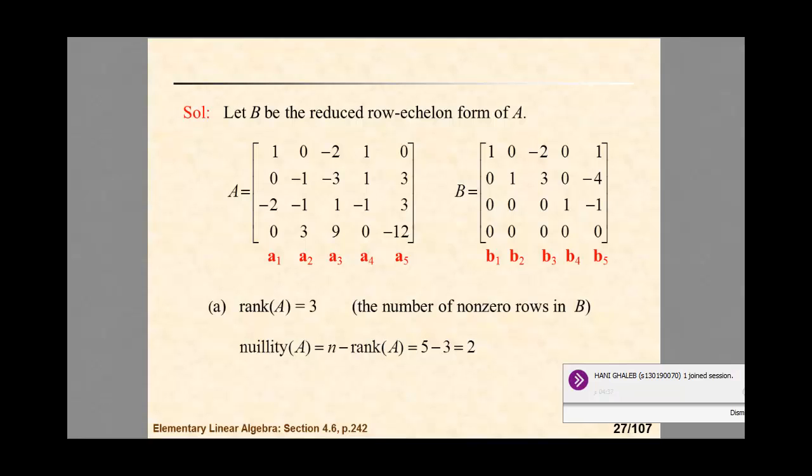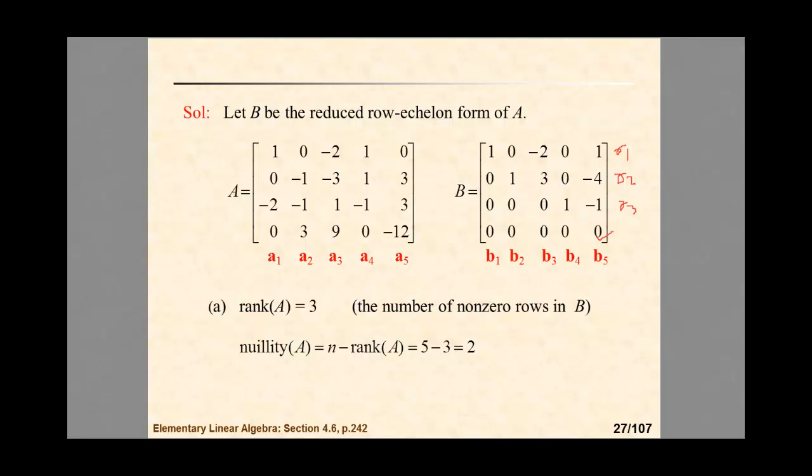So we see how many leading ones there are. In row 1 we have a leading one, in row 2 we have a leading one, and in row 3 we have a leading one, and row 4 is a 0, so we are not considering row 4.